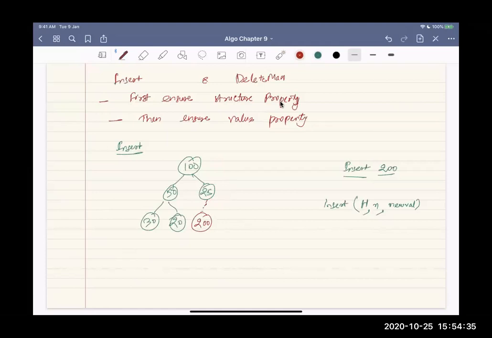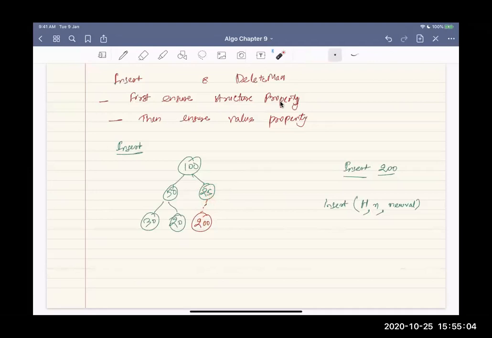Now go to the second step: ensure the value property. You see now the value property is not holding. We wanted for every node, its parent's value to be higher than it, but that is not happening. The parent is 25 and this is 200. So I need to do something to ensure the value property. I will just have to compare with the parent, and if the value property is not holding, I have to swap.